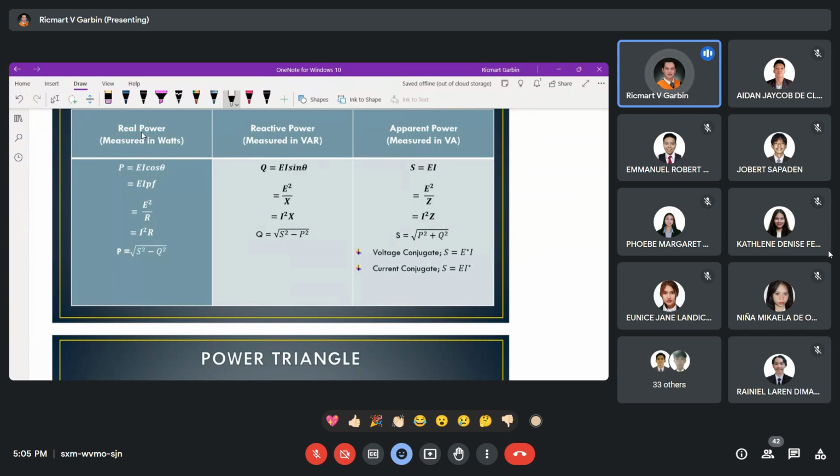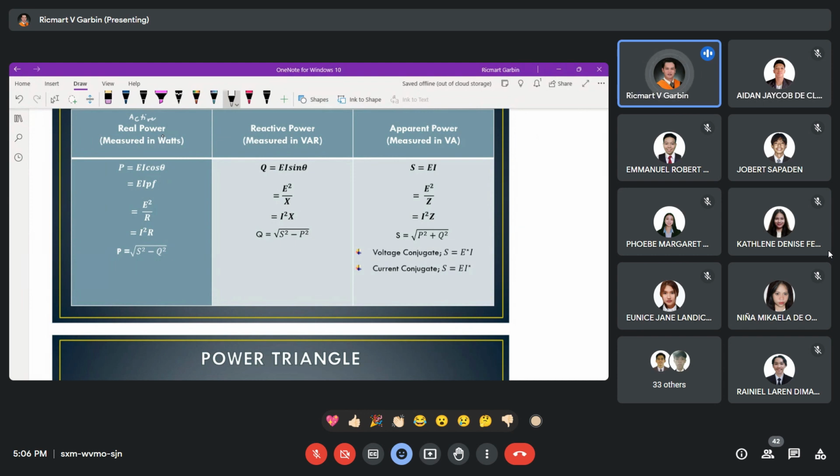So kapag real power or active power yung ating sinosolve, active or real power measured in watts, so that is equal to EI cosine of theta, which is also the voltage times the current times the power factor. Or E squared over R or I squared R, tapos P is equal to the square root of S squared minus Q squared.